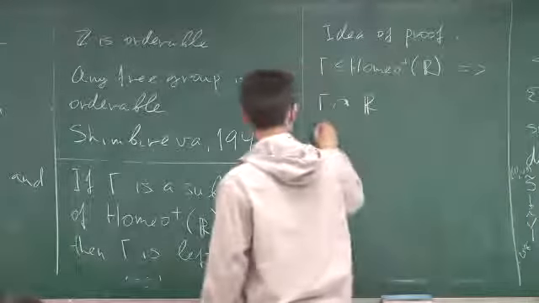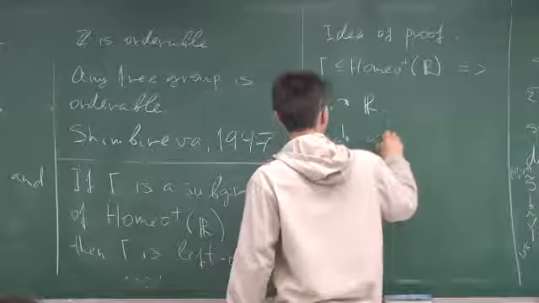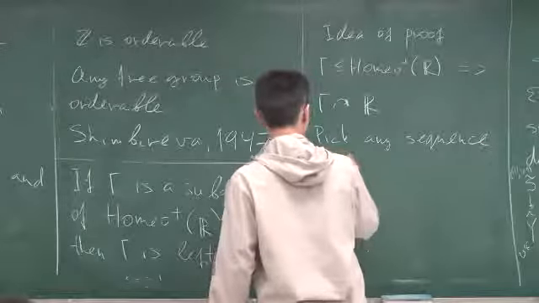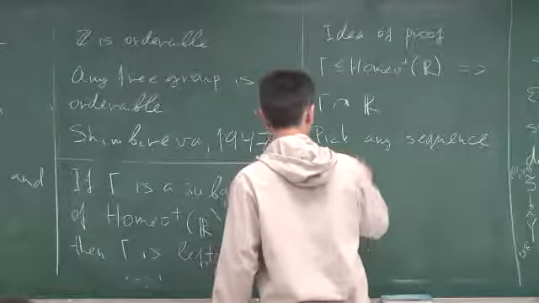And here is the precise argument. So pick any sequence x1, x2, and so on, an infinite sequence in R, with the property that this sequence, considered as a set, is dense in R. And then you run a similar construction, a similar procedure.